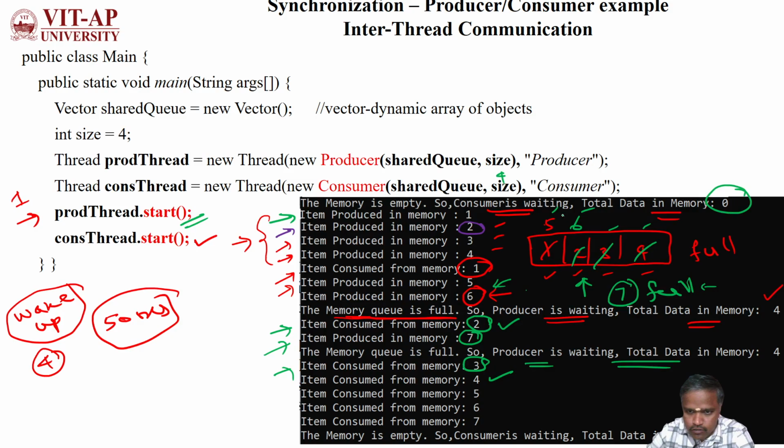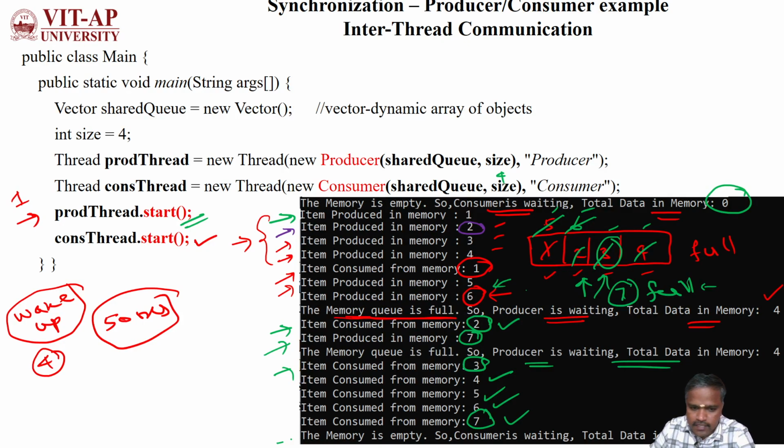Now 5 is also consumed here, then 6 is also consumed. Once this 3 is consumed, 7 will be inserted automatically. Once an empty memory location is available, the produced data in the waiting queue will be inserted automatically. Then finally 7 is also consumed.